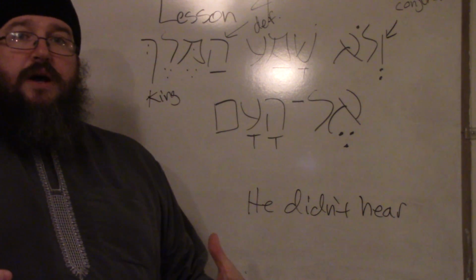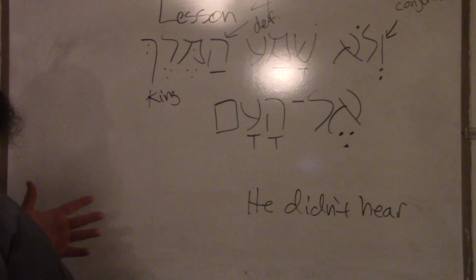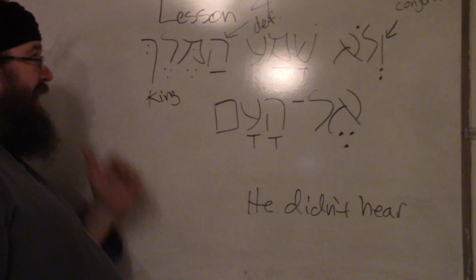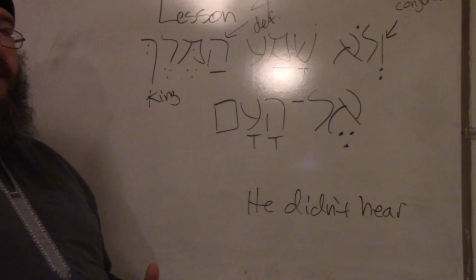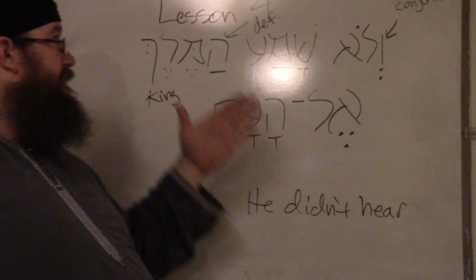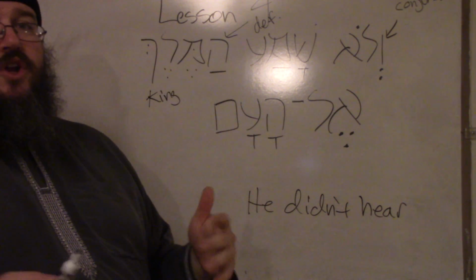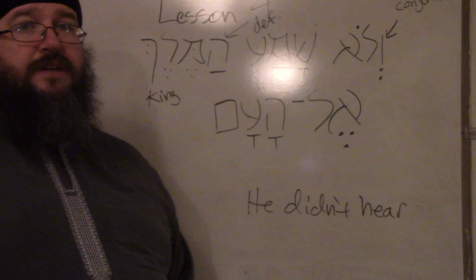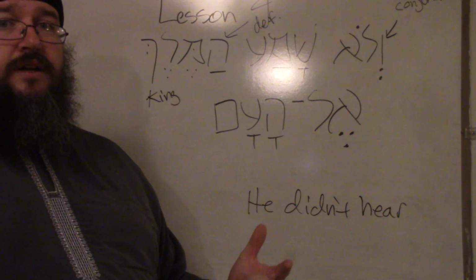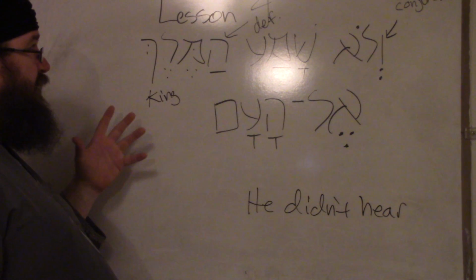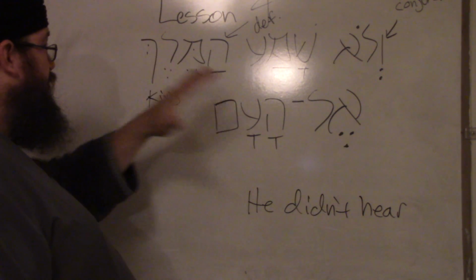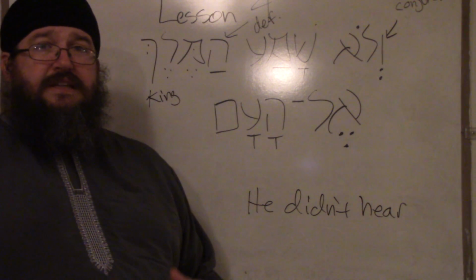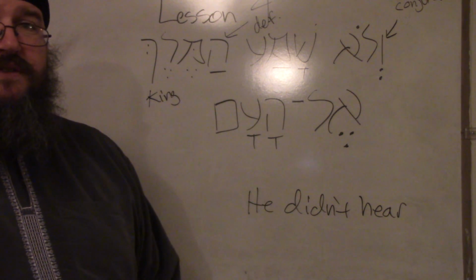Well, we have two problems here. Number one, when we know something's definite and we know that the noun it's being attached to is a generic noun that was made definite by the hey, we know that there's only two possible things that could ever be such a case. When we see that this is a noun and there's no noun preceding it, the first question we're going to ask is, is this the object of a preposition?